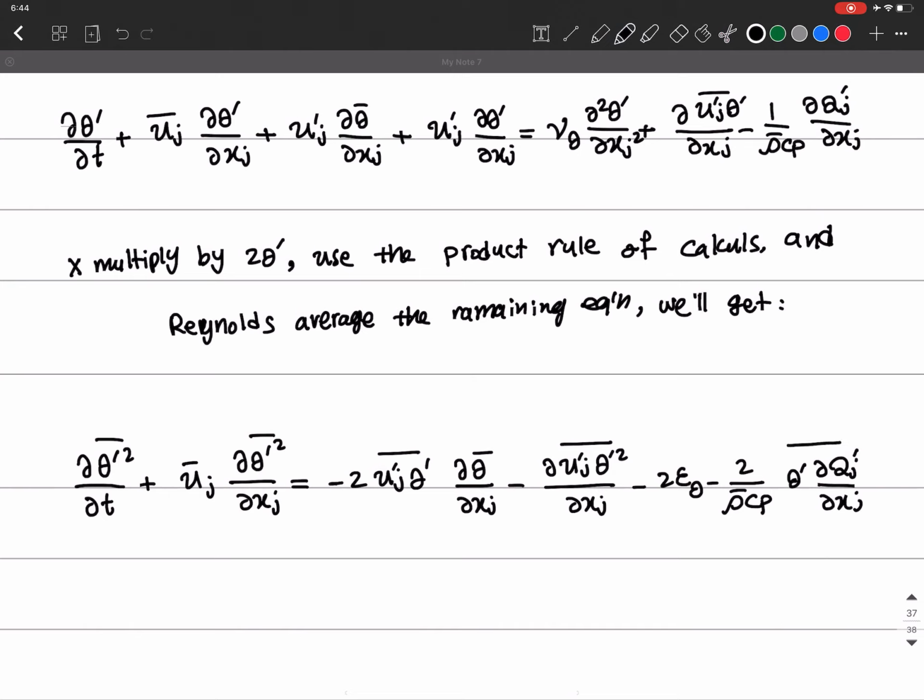Okay, so this is the temperature variance equation.